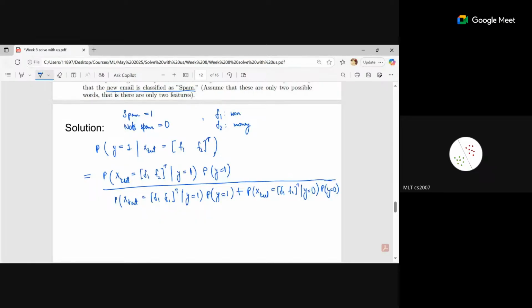So that's all we have to solve, right? Here we cannot ignore the denominator because we have to find the exact probability.